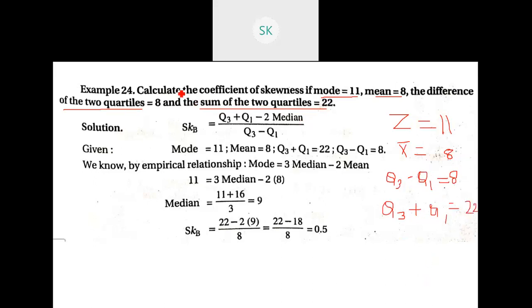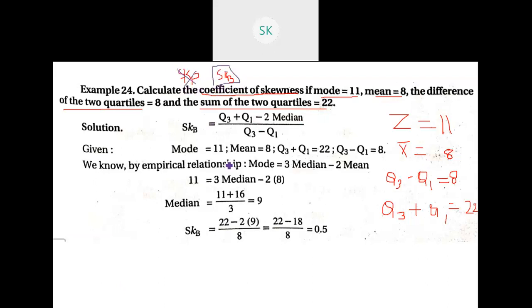But they are asking us the coefficient of skewness. They have not mentioned which coefficient we should find. Should we find Karl Pearson's coefficient or Bowley's coefficient? That's not mentioned. But seeing the question and the data given to us, whenever they have given us the difference between the two quartiles and the sum of two quartiles, it clearly means we are supposed to calculate Bowley's coefficient of skewness and not Pearson's.